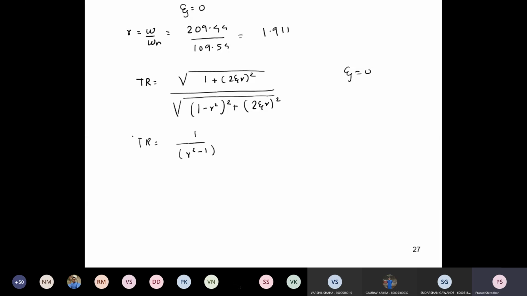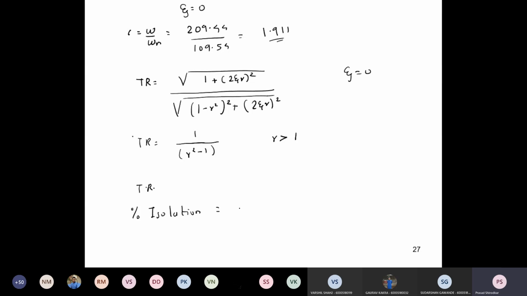Okay, so make sure you write it in this format. Don't write it 1 minus R square, because this is the root. So root can be plus or minus. So we are going to take plus sign when R is greater than 1. Okay, so here the value of R is 1.911. Okay, so find the value of TR. Okay, and you are required to find out percentage isolation.